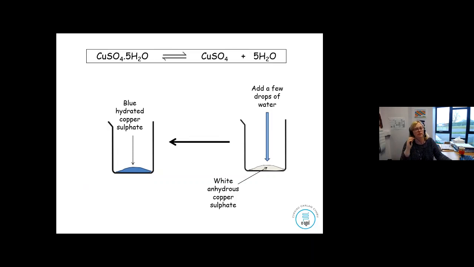So the equation for what's happening there, this is what I mean by the hydrated, the classic blue that you have there. Okay, so copper sulfate is often surrounded by 5 molecules of water. If you heat it up, it becomes anhydrous, so the white version of CuSO4, and it gives off some water molecules.